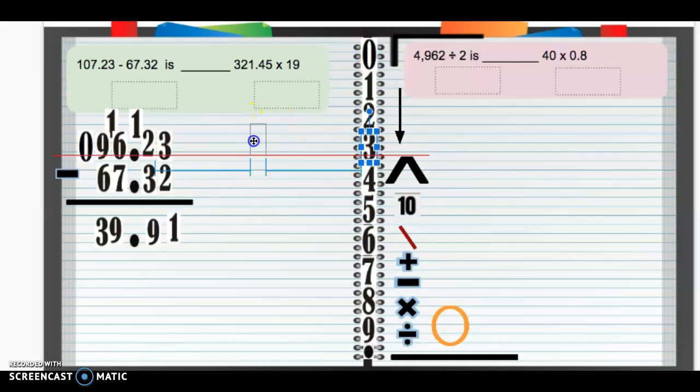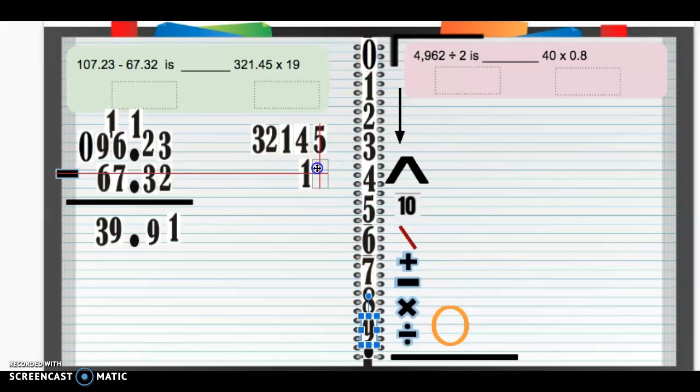So we write it out as if there is no decimal points. 3, 2, 1, 4, 5. And we times it by 19. So the 1 is underneath the 4, the 9 is underneath the 5, and we have to now multiply.